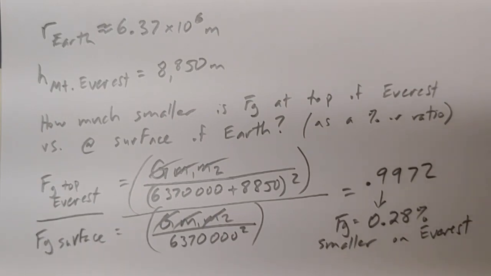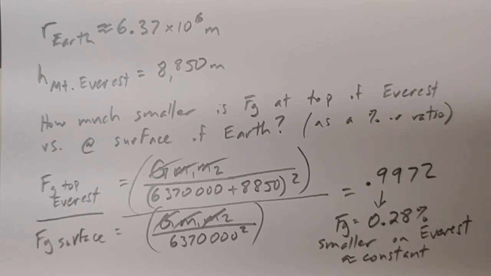And so that is consistent with the way we've been using our force of gravity equation, where we've just assumed that it returns a constant value. So this is indeed approximately constant. Whether we are on the surface of the Earth or on Everest, the force of gravity anywhere near the surface of the Earth, anywhere that people can go on their own, anywhere that most planes can go, is basically constant.